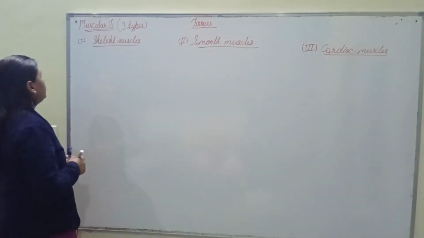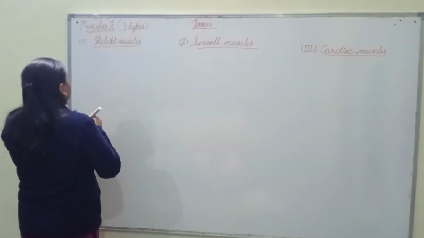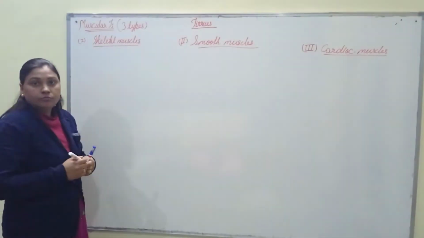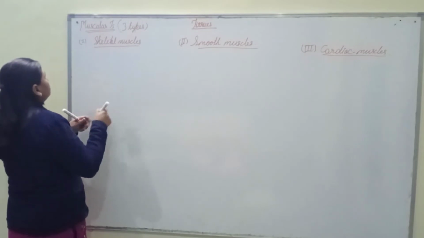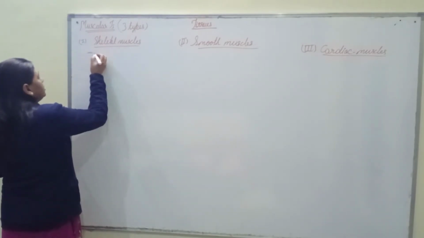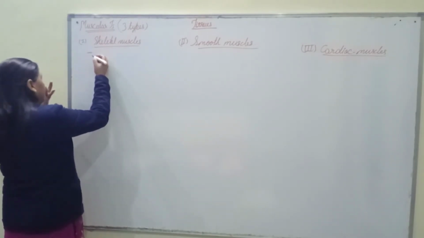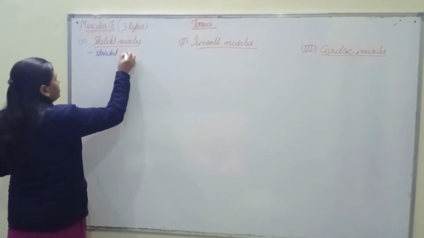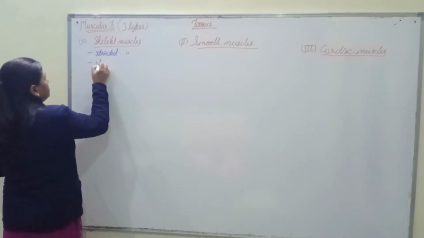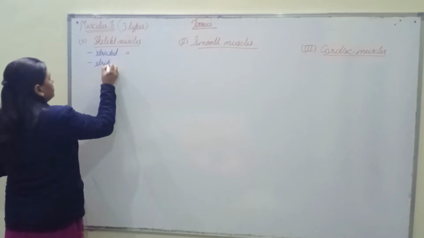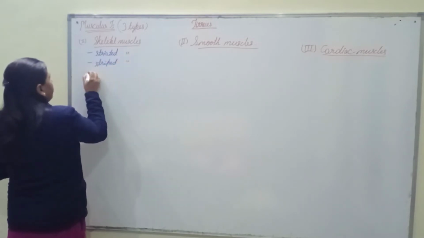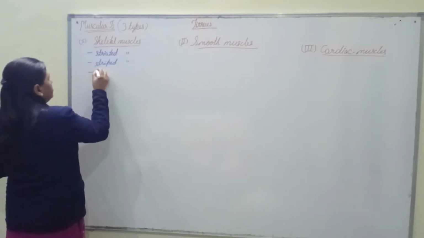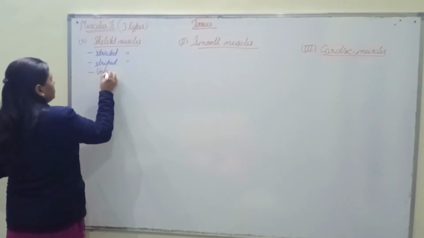Now let us first take skeletal muscles. These skeletal muscles have a few names. These skeletal muscles are also known as striated muscles, striped muscles, and voluntary muscles.